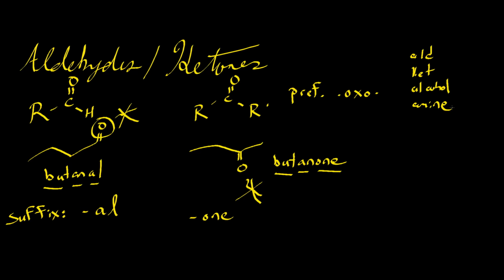So, for example, RCOOH, that's a carboxylic acid. RCONH2, that's an amide. Okay? RCOOR' is an ester. Okay? So there are those three.